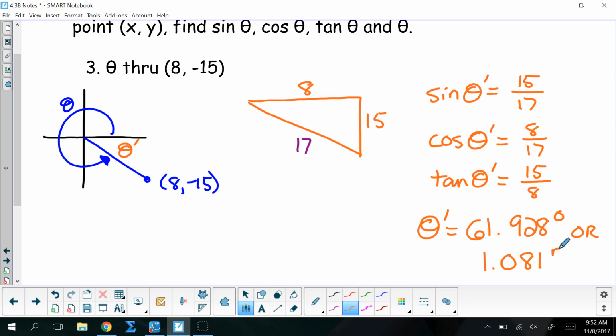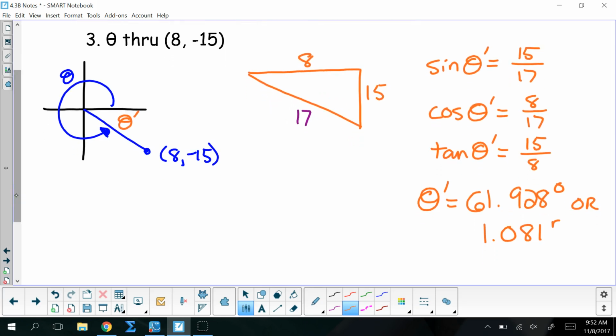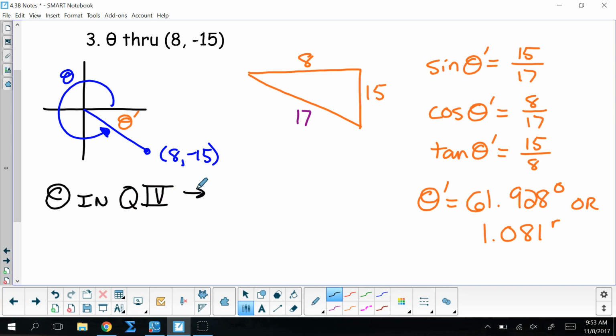Agree? Okay. So, I'm in which quadrant? I'm in quadrant 4. Oops, that's theta. Theta is in quadrant 4.